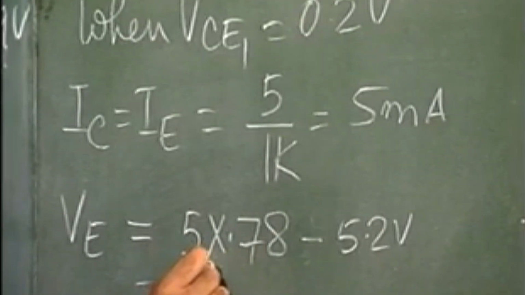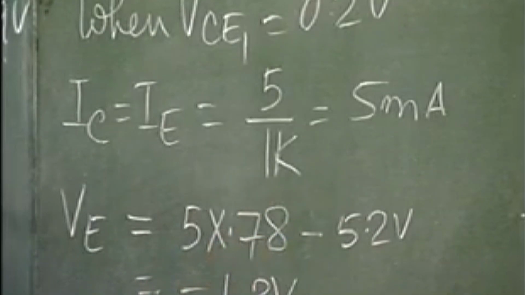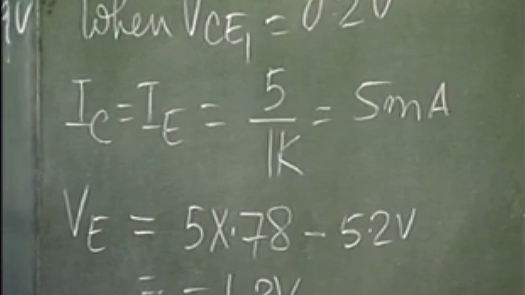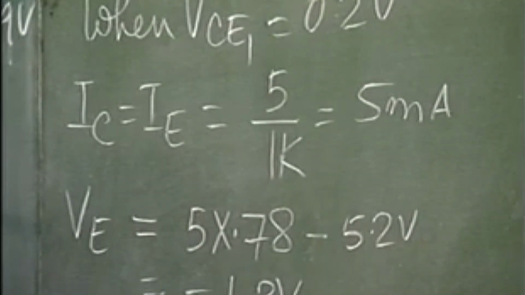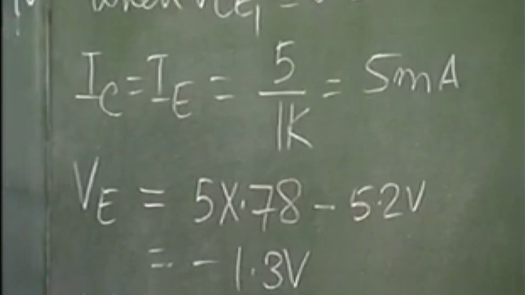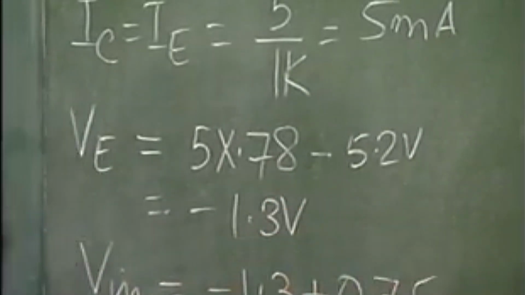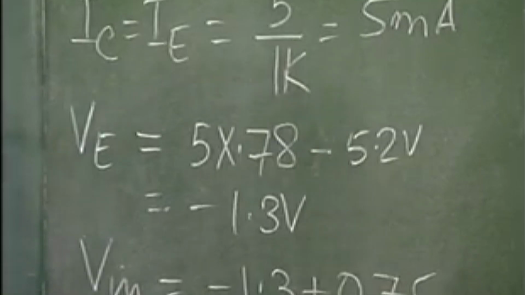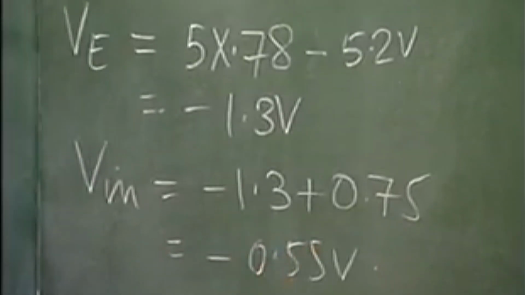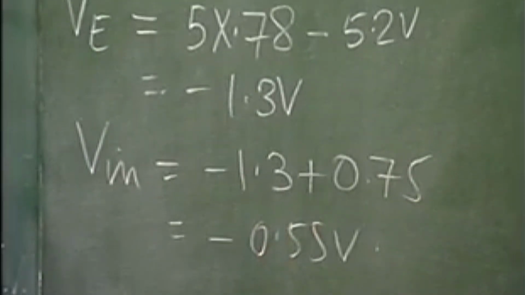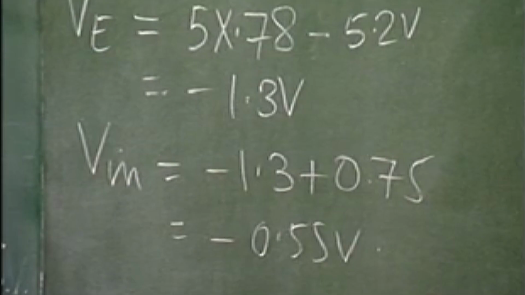This is 3.9, minus 5.2, which is minus 1.3 volts. Am I correct? All right. Now VE is minus 1.3 volts. So Vin is minus 1.3 plus 0.75, which is equal to minus 0.55 volts. Is that correct? All right. So when Vin goes to minus 0.55 volts, the transistor actually goes to saturation.